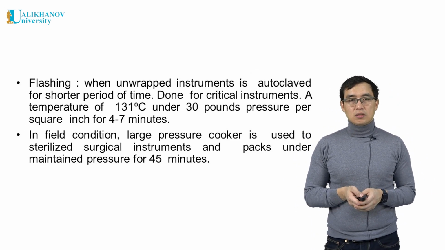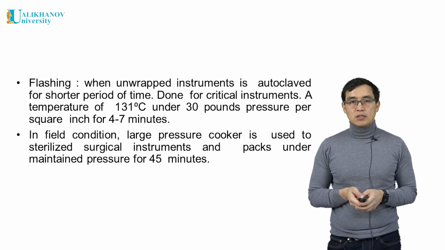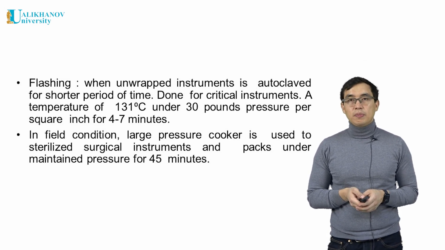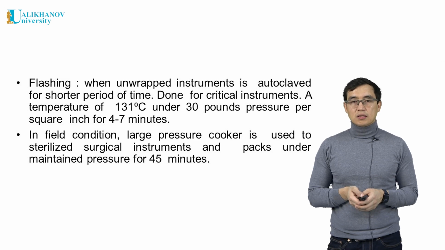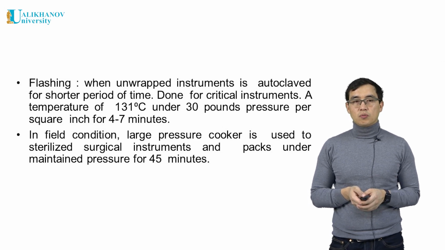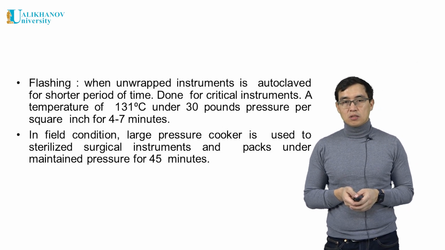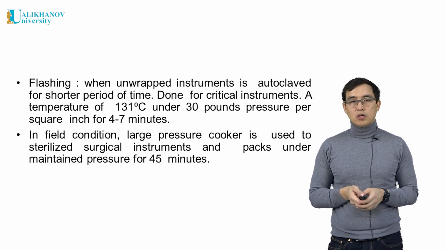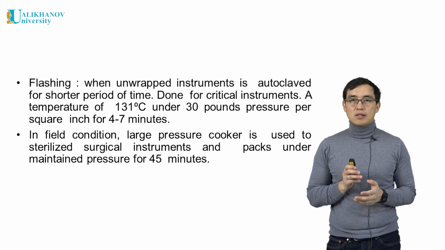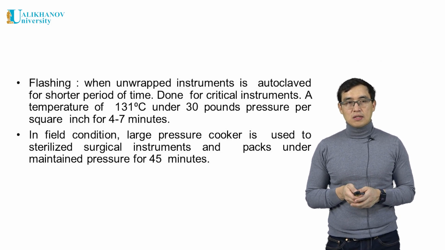Flash sterilization is when an unwrapped instrument is autoclaved for a shorter period of time. It is done for critical instruments, at a temperature of 131 degrees Celsius under 60 pounds pressure per square inch for approximately 4 to 7 minutes.